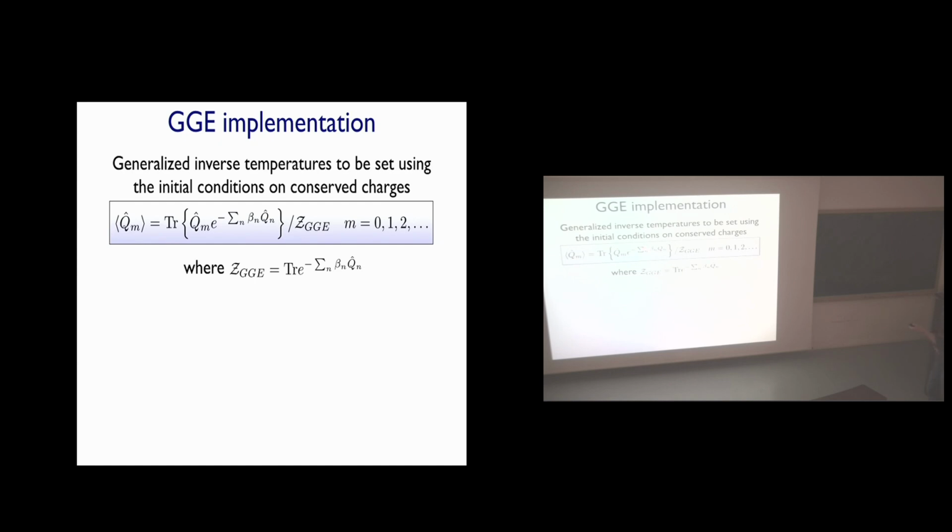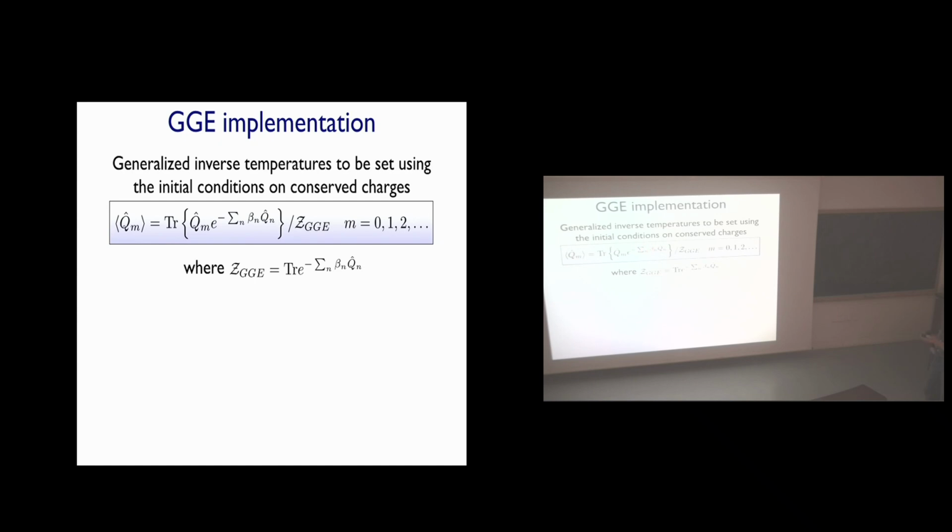The determination of these parameters involves the solution of a self-consistency set of criteria where you compute the expectation value in the initial state of each and every one of your conserved charges. That gives you a number. Once you've tabulated these numbers, you need to find the set of inverse temperatures, chemical potentials.